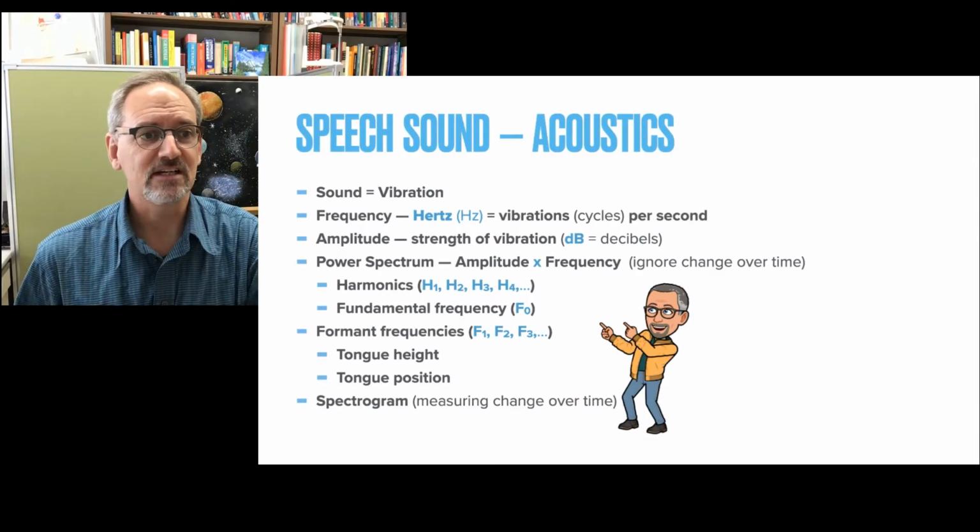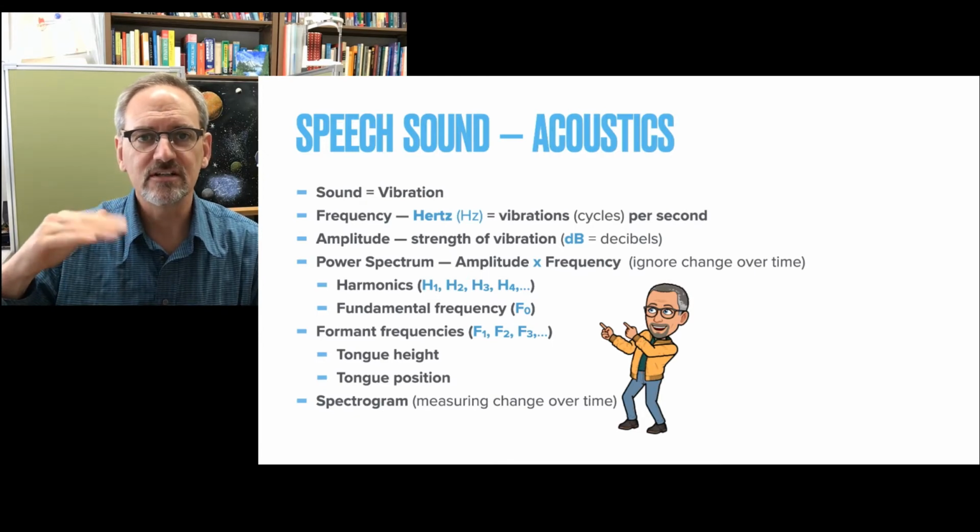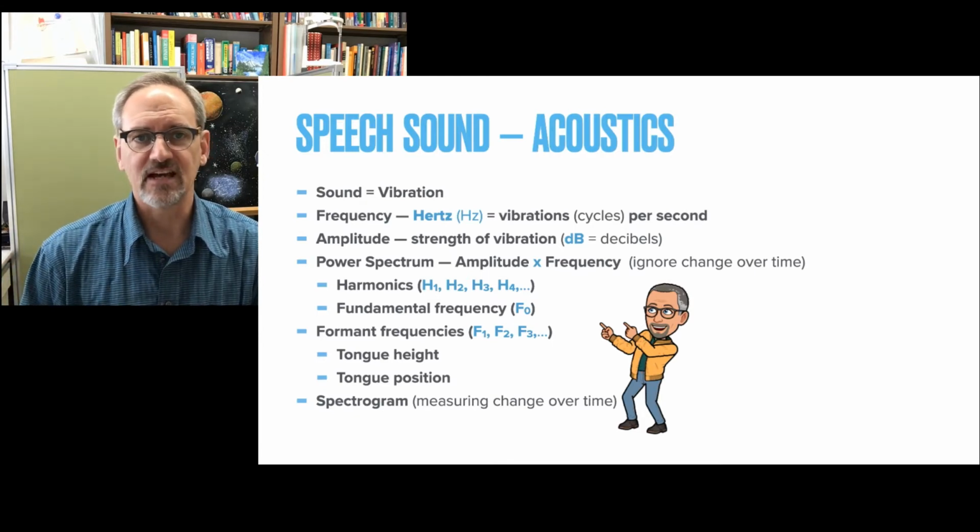Okay. So as you can see on the title slide, this is from last week. We started speech sounds, and we had this list of items: sound as vibration. We talked in some detail about how low frequency sounds are sounds where there's some kind of vibration that is slower than high frequency sounds.